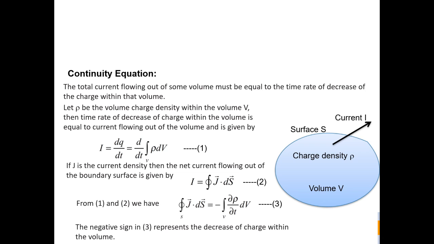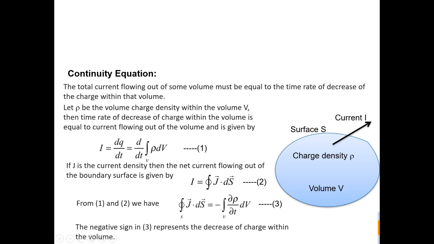Now let's assume that the current density here is J. So we know that the current density is the current per unit area. So if you want to represent current by current density, then that should be the surface integral of J dot ds. And that gives us our equation 2.